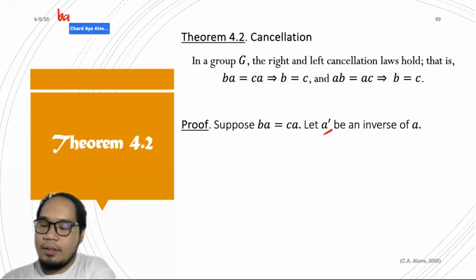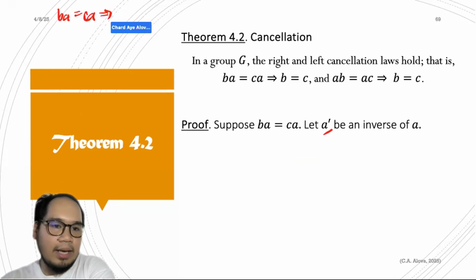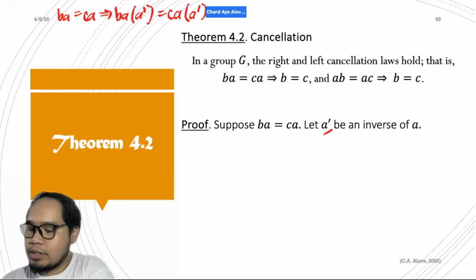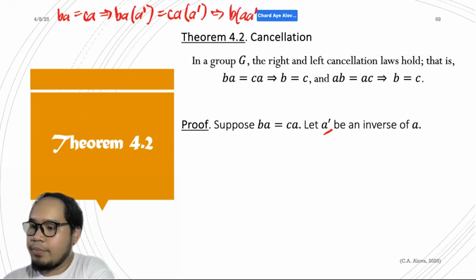BA equals CA. This will yield us, by multiplying A prime to the right side of the equation, BA A prime equals CA times A prime. Since groups have the property of associativity, we have B times A A prime equals C times A A prime.